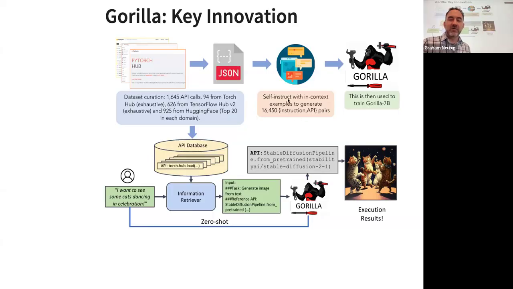They create a corpus where they do self-instruct and generate synthetic data given APIs, where it says, come up with an instruction that would require you to use this API to solve it. And so they create training data for this and then train their Gorilla model. Then you can retrieve the potential APIs from the API database and generate the output.